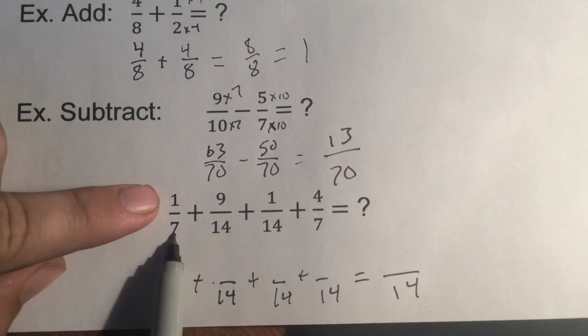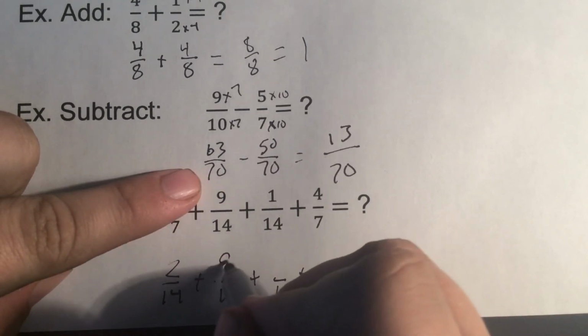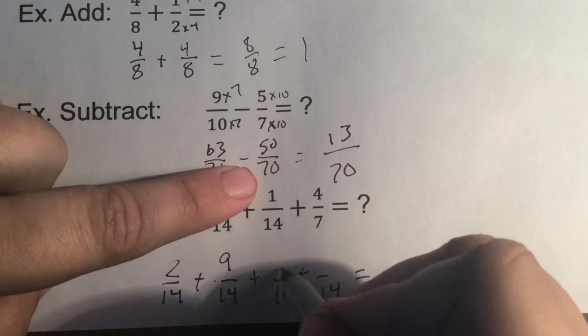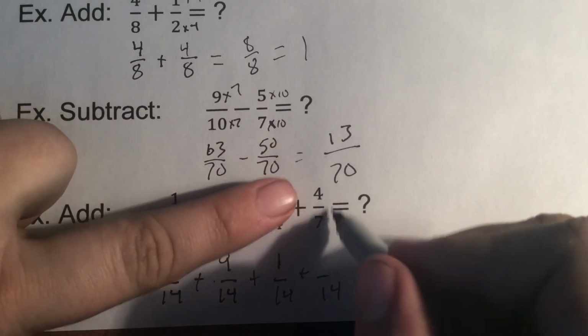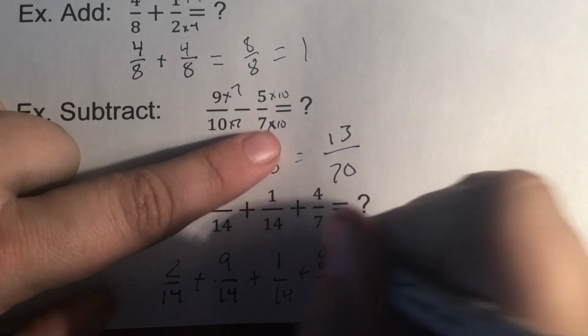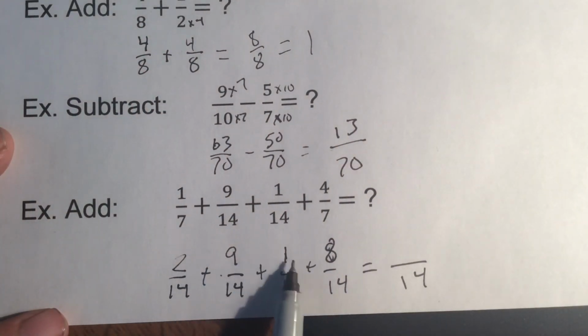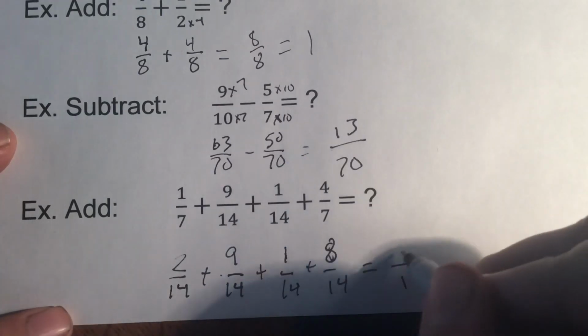Now, 7 times 2, so 1 times 2 would be 2 on top. Here we're over 14, so that'll stay a 9. Over 14, that'll stay a 1. 7 would be times 2, so 4 times 2 is 8. So now if we add these up, 2 and 9 is 11, 12, 20.